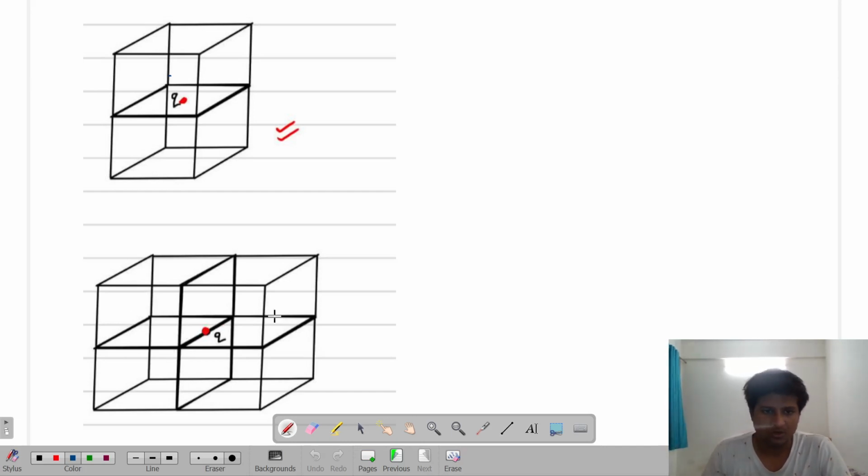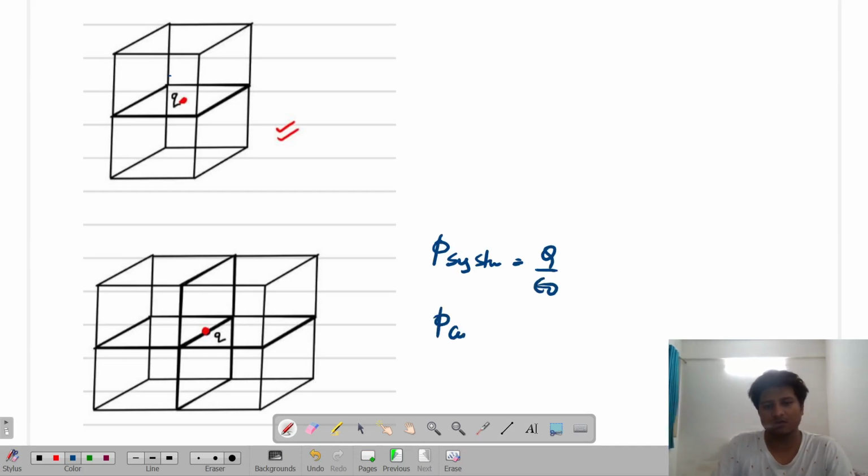So to surround the whole charge, I need to construct three more cubes sideways of that, isn't it? So flux through the system will be q by epsilon naught, but flux through any one of the cubes will be q by 4 epsilon naught. Are you able to get me?